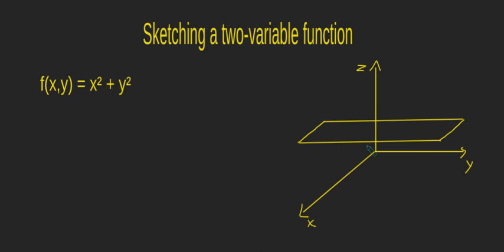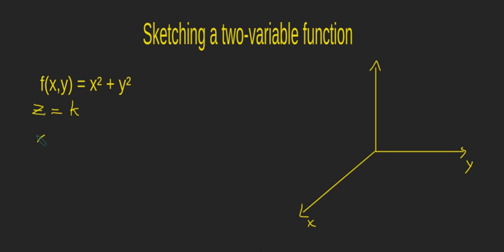So let's do that. When z is equal to some value k, your function will be x squared plus y squared equals k.